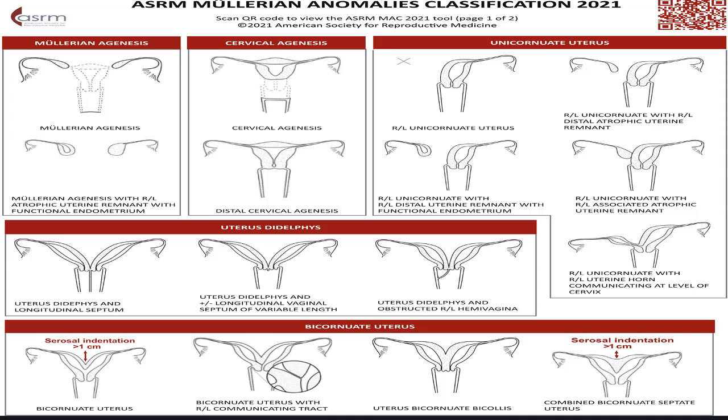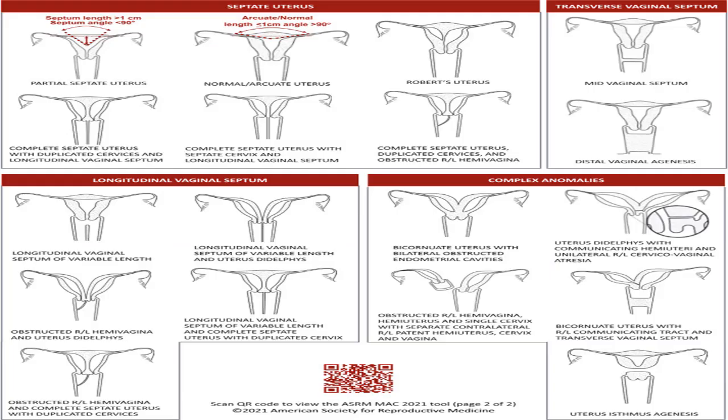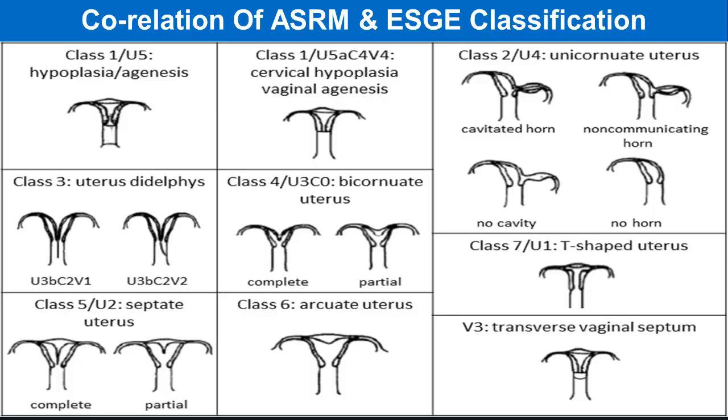If you look at this diagram, at the last terminal part towards the right side, there is something called a combined bicornuate septate uterus. Please keep that picture in your mind. It's very dicey. Then came the septate uterus, longitudinal vaginal septum, horizontal vaginal septum, and complex anomalies. Now this chart shows you the correlation of the ASRM and ESHRE/ESGE classifications, which is quite confusing.